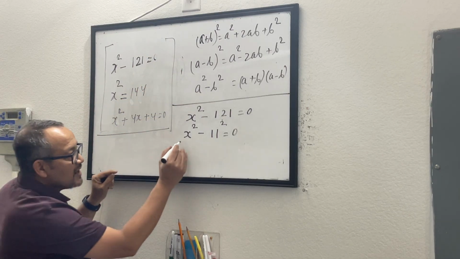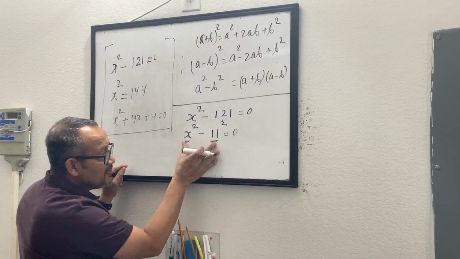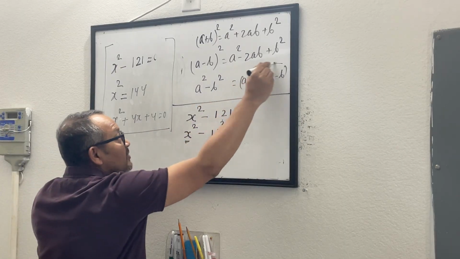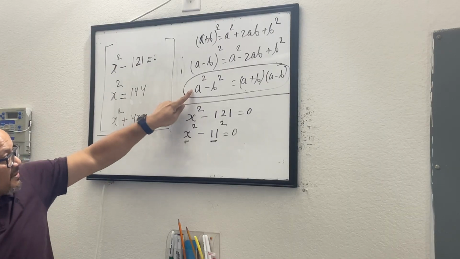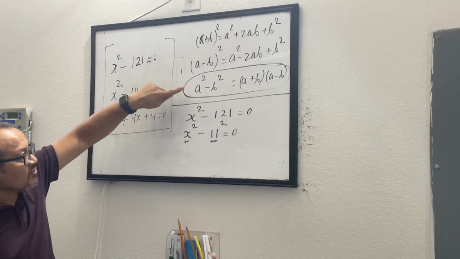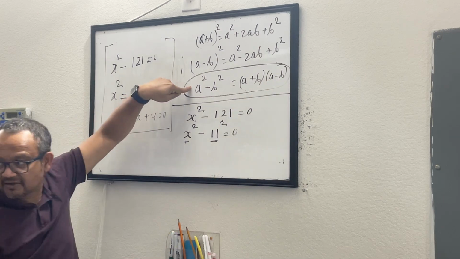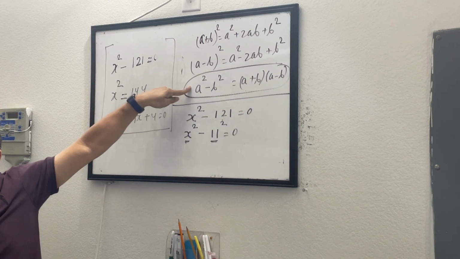If I have something squared minus something squared, this means something to us. And that is based on this formula that we have seen. Something squared minus something squared equals something plus something times something minus something. A squared minus B squared equal to A plus B times A minus B.